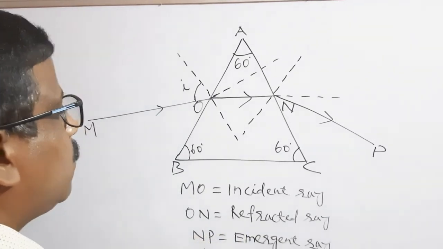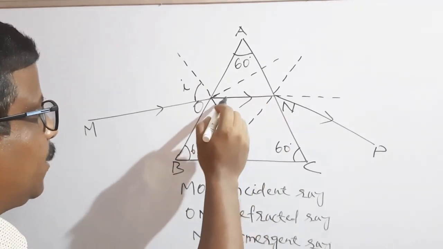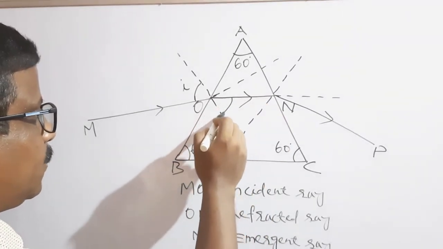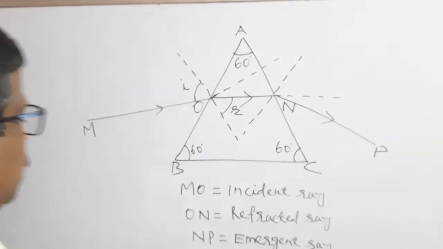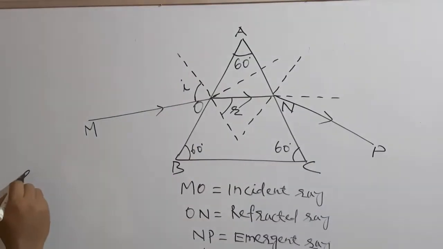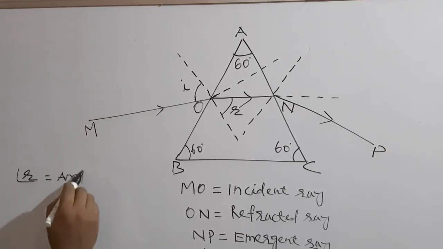Clear? Now here it is the refracted ray. The angle formed between the refracted ray and the normal is called the angle of refraction. So here I am writing angle r is called the angle of refraction.